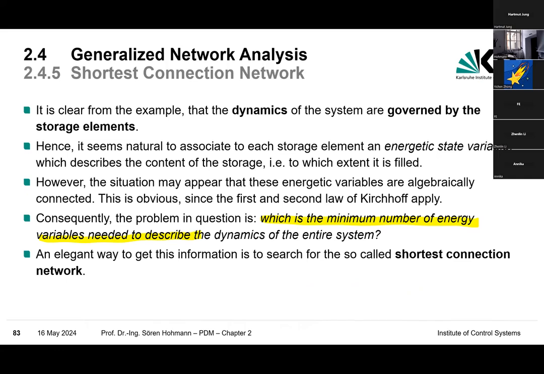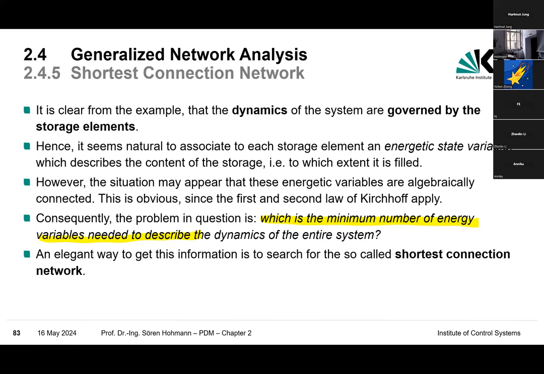That's an interesting fact. If you know the graph, it's obviously a topological relation between some of the capacitors and inductances. That's what you saw before. They are somehow connected in parallel. So we should find out what is in parallel, or how many variables we need at the end.